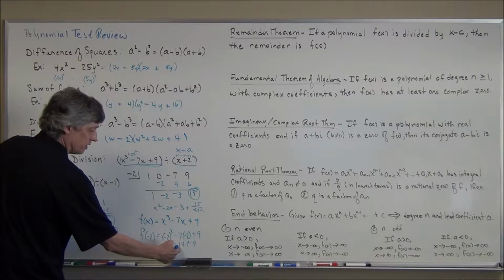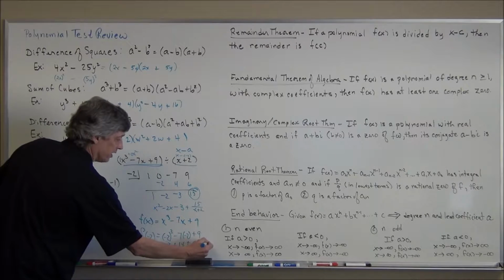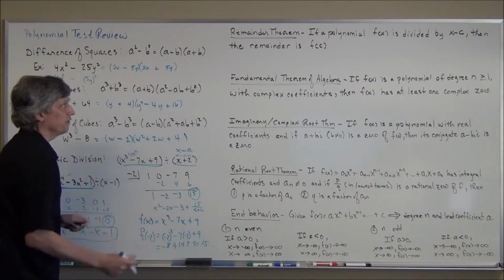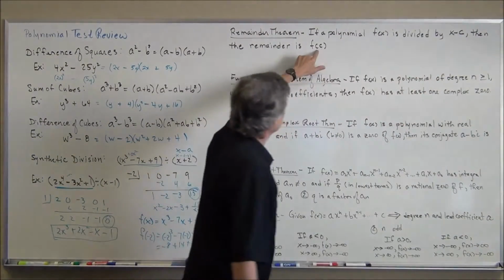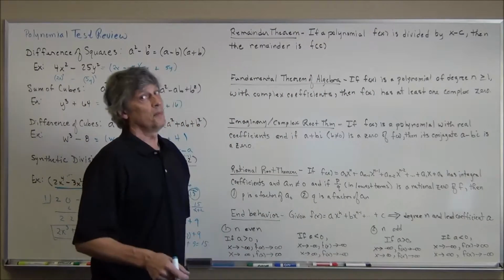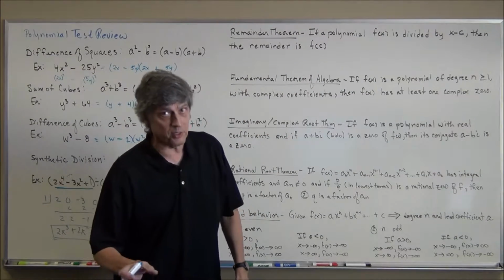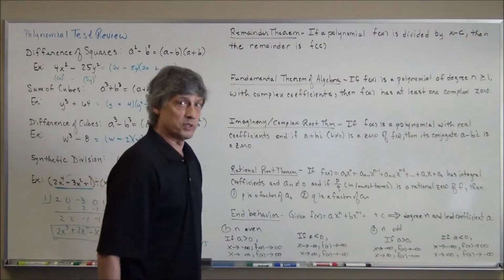Negative 8 plus 14 is 6 plus 9 is 15. See how I get the remainder for the division. So if I divide by x minus c, the remainder is f of c, which is nice because if you want to see if it's a factor and your remainder is 0, you know it's a factor.